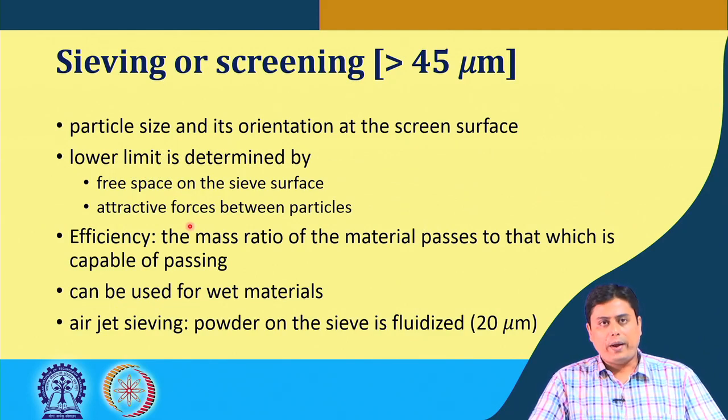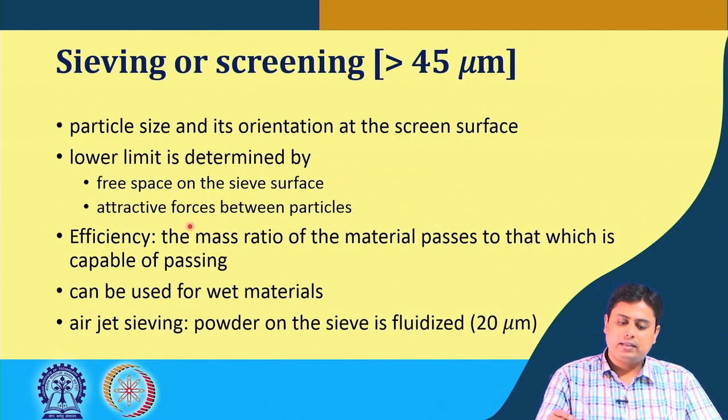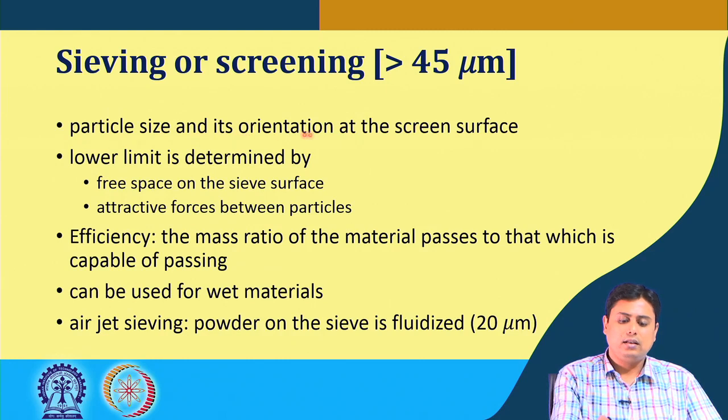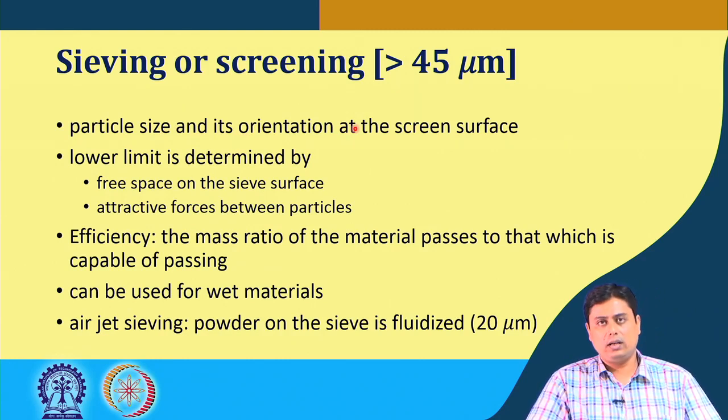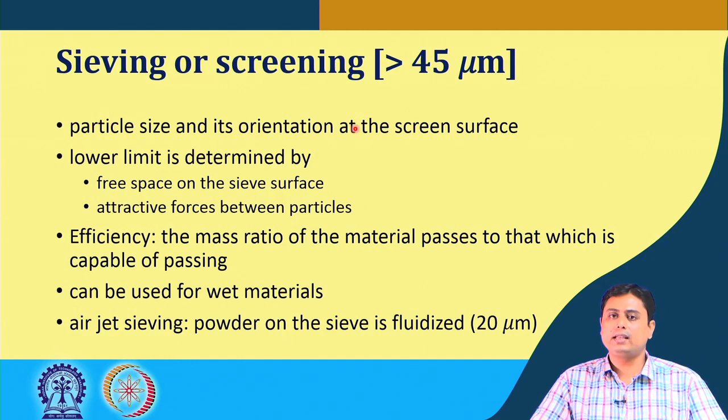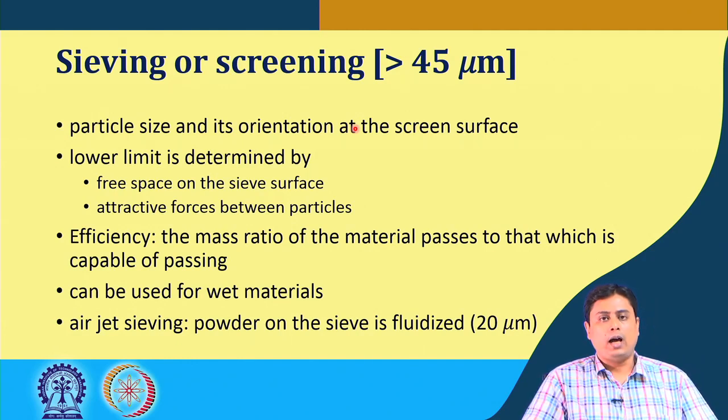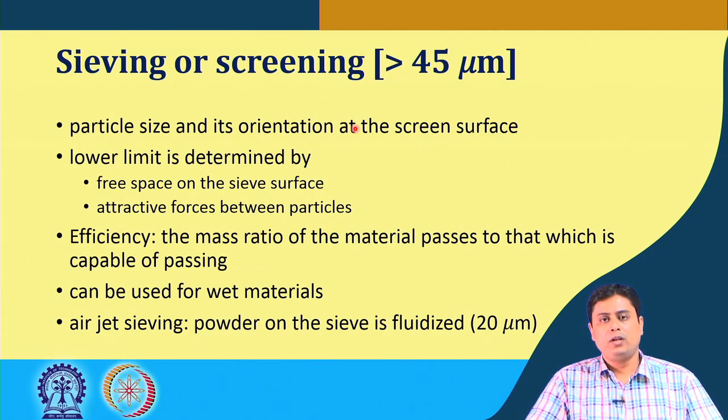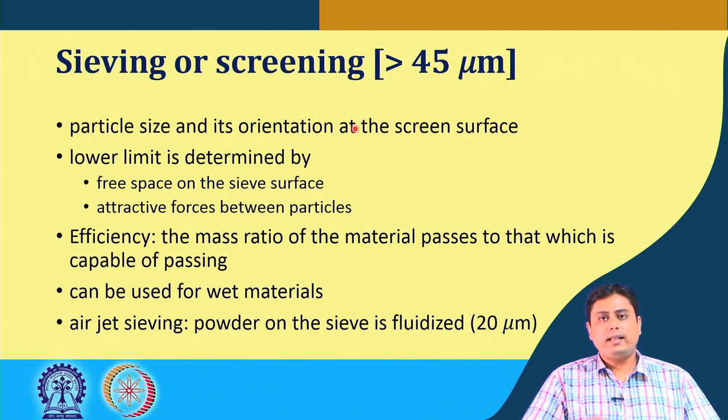Now, quite naturally you can understand that particle size and its orientation on the screen surface becomes a dominant factor for an efficient screening mechanism, because not every particle is spherical, it is of irregular shape in practice. So, let us take the example of this pen.